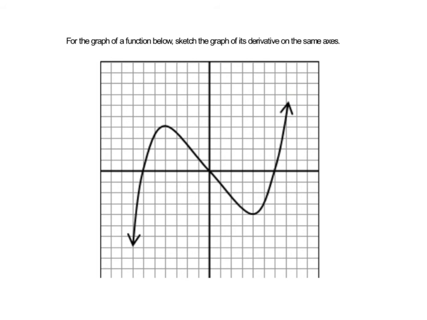All right, so everywhere that it is positive, my derivative graph is going to be above the x-axis. Okay, for every max or min, it's going to be on the x-axis. And if it is decreasing, it'll be below the x-axis.